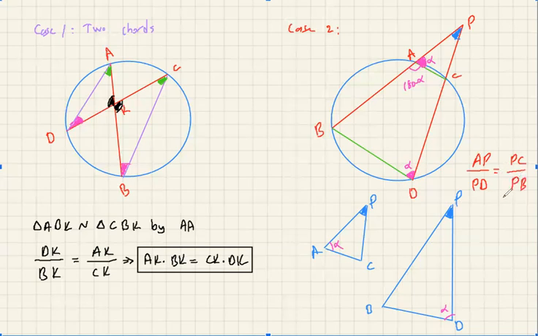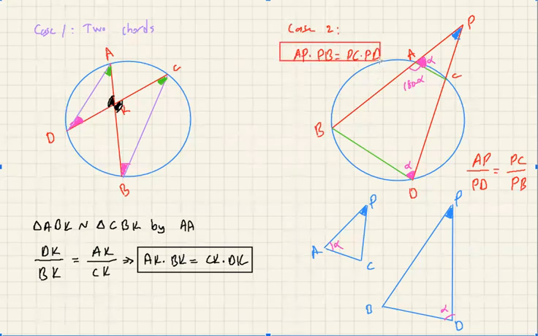If you do a cross multiplication, AP times PB is equal to PC times PD. And this is our second relation.